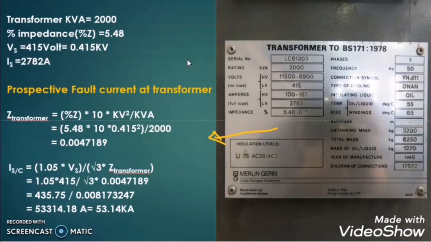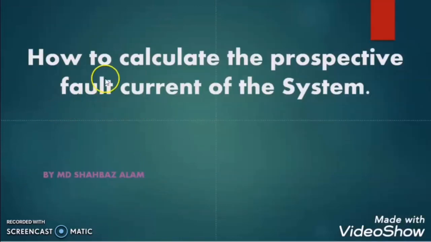Moreover, it is not technically sound to have unnecessarily higher short circuit breaking capacity, even if we can make it lower by selecting a proper size of the transformer. This is all about this video. I hope you learned from this video how to calculate the prospective fault current and the necessary concepts required to calculate the prospective short circuit fault current for an electrical system.